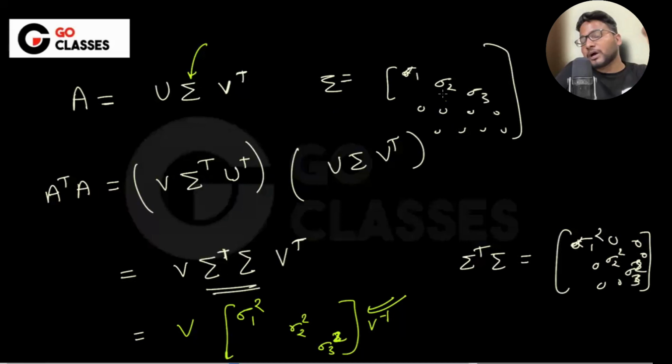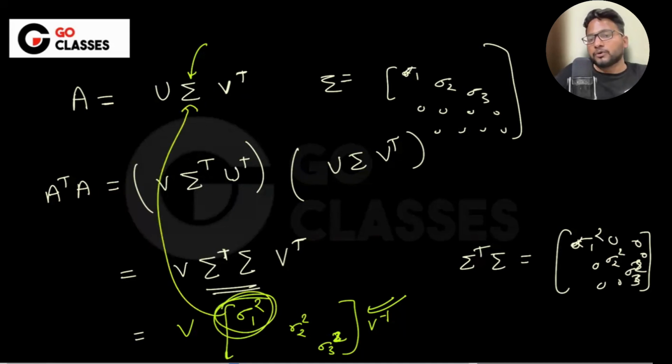You will take the square root of those eigenvalues, right? This is the eigenvalue of A transpose A, this is the next eigenvalue of A transpose A, like that. Once you find out the eigenvalues, you can take the square root to find out the sigma, which are called singular values of A.